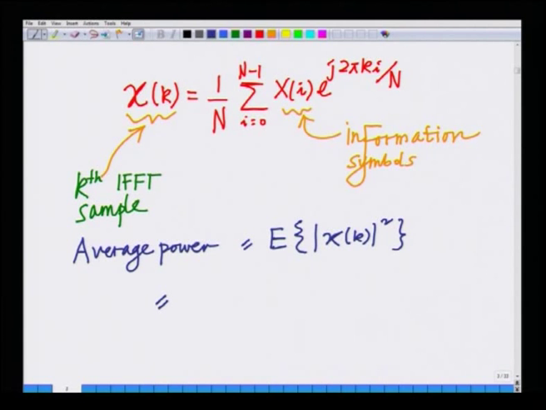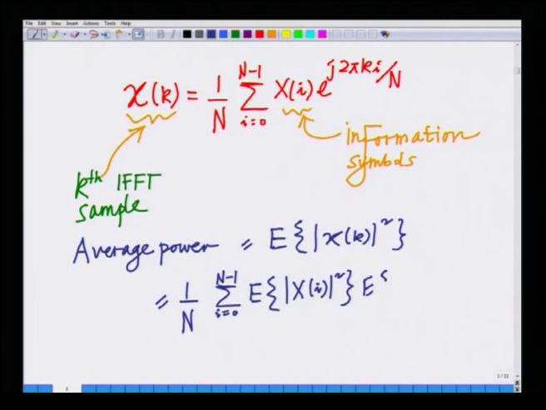That is nothing but 1 over n square summation i equals 0 to n minus 1 expected magnitude xi square, into expected magnitude e power j 2 pi ki by n whole square.